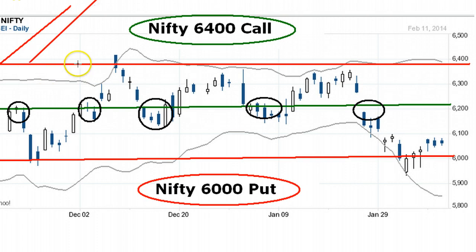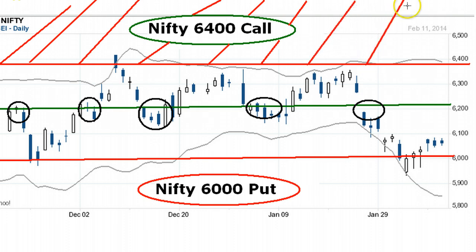So I don't expect markets to enter into this particular zone here at all, because I know the upper Bollinger Band will be looked upon as a resistance, and there will be strong resistance. Unless there is a news-based event or a strong economic factor that will push the markets higher, markets are going to face resistance at the upper Bollinger Band, and similarly markets will find support at the lower Bollinger Band.